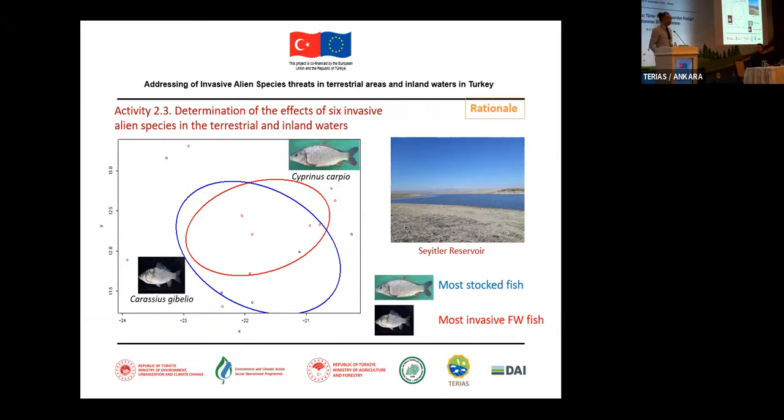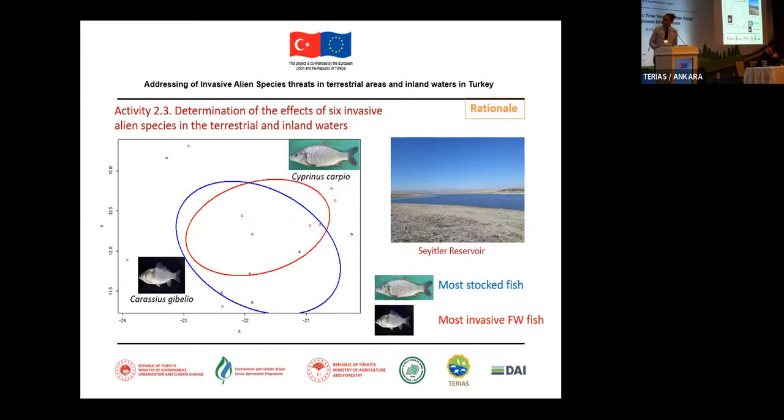There are hatcheries to produce this fish species to stock across the country. This is how it was also introduced into Seyitler Reservoir. But how gibel carp was introduced into these lakes and reservoirs is unknown. There are some guesses, but it is still a controversial issue.